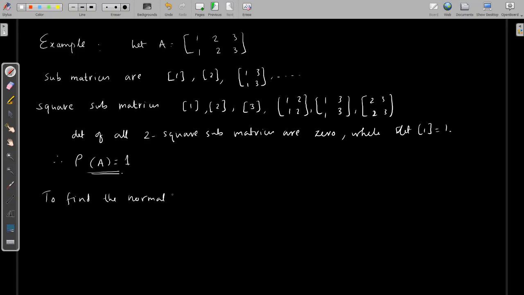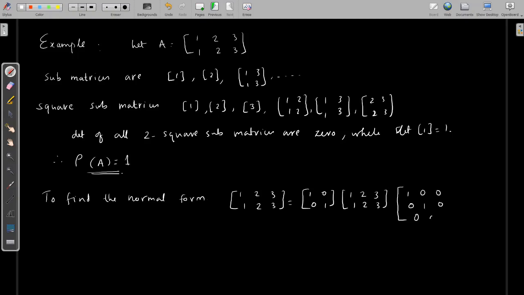To find the normal form of this matrix A, we write A is equal to I A I. This first I is 2 by 2 and the last identity matrix is 3 by 3. Now you make the matrix on the LHS to its normal form, that is by performing row operations and column operations. First we perform R2 plus minus 1 times R1.